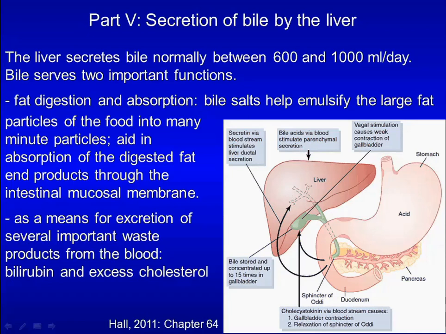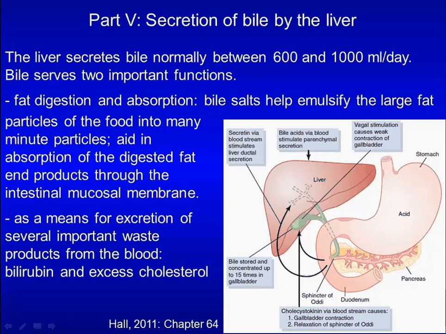Finally, bile reaches the hepatic duct. A common bile duct is shown here. The bile then either empties into duodenum or is diverted through cystic duct into gallbladder.